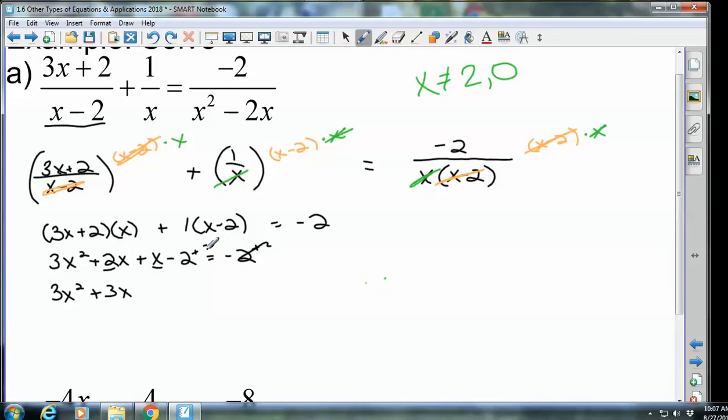If I add my 2 over, it's actually drop. What are you going to do with that? Okay. And then negative 2 plus 2 is 0.